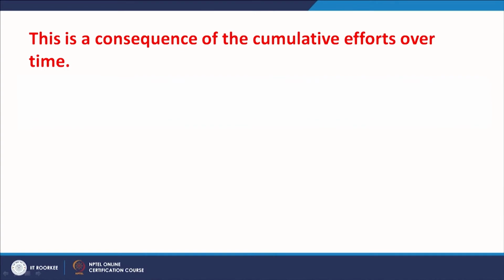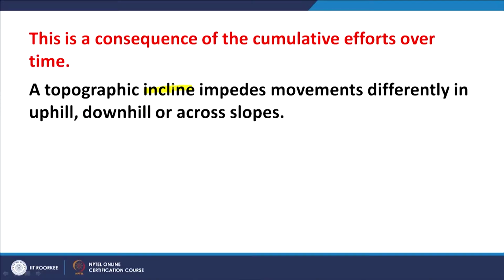It is a spread function, and dispersion is just the opposite of spread function. So concept wise it is almost the same. Now this is a consequence of cumulative effort over time, as we know. So if there is topographic relief or undulated terrain, then the incline or anything impedes the movement.